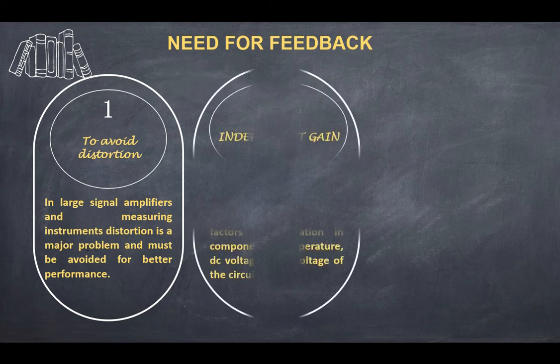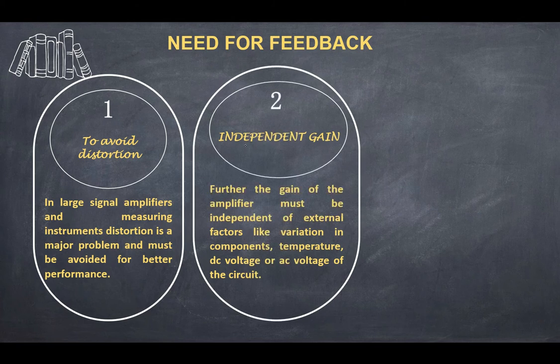Second case, to make the gain independent. You know very well, if I use a transistor in the amplifier circuit, due to various conditions, temperature, beta of the transistor, if we change the transistor, then gain also might change. If the gain changes, parameters change.